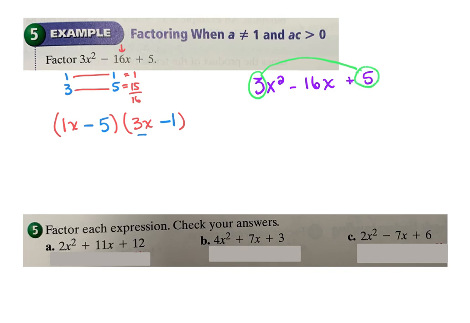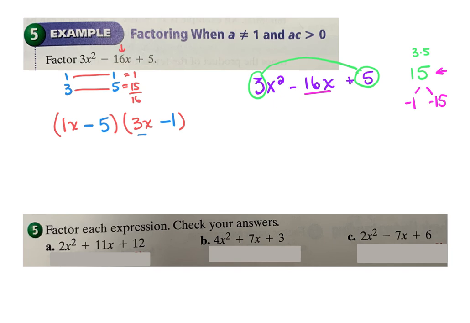So I have 3 times 5, that gives me 15, all right? Now, I want to look at factors of 15 that will give me 16. Well, that's pretty easy. 1 and 15. I needed positive 15, right? Because that was 3 times positive 5. But I needed to add up to be a negative 16. So that's going to be negative 1 and negative 15, right? Does everybody agree? That will.